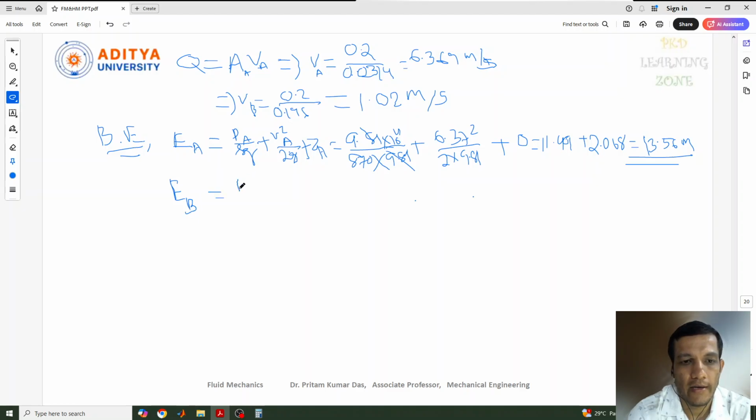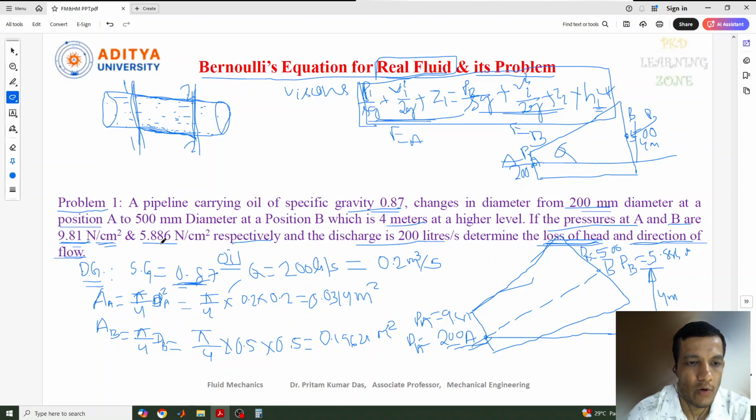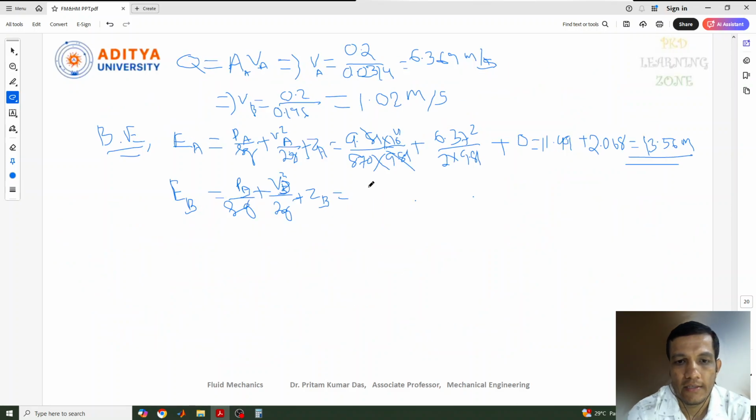Similarly, we can find the total energy at the B point. Same formula: PB by rho g, plus VB square by 2g, plus ZB. Here again we see the pressure value, 5.88, which we convert into meter with 10 to the power 4.